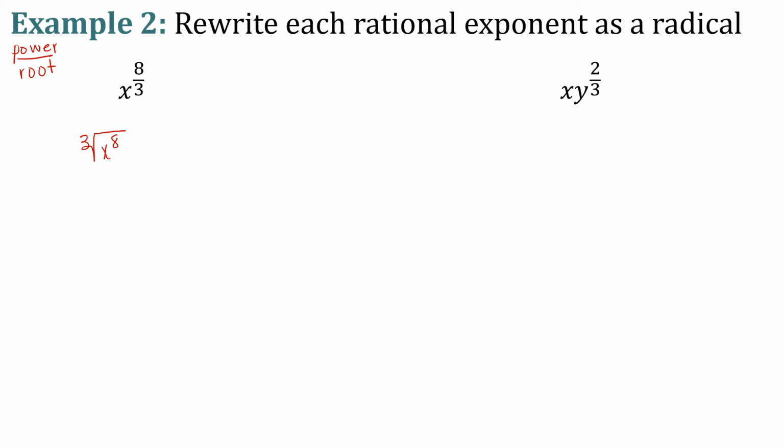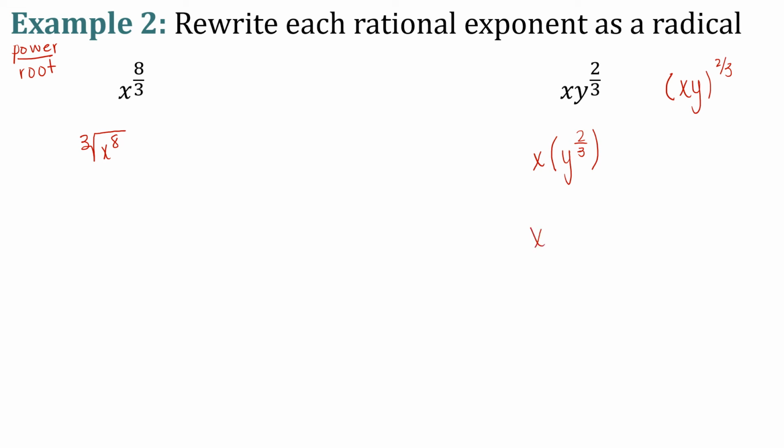Now, over here on the second part, let's rewrite this. This is x times y to the 2/3, because y is only with 2/3. Now, if it was written like this, where xy was raised to the 2/3, then that would be different. But because 2/3 is only touching y, our radical is only going to go around y.